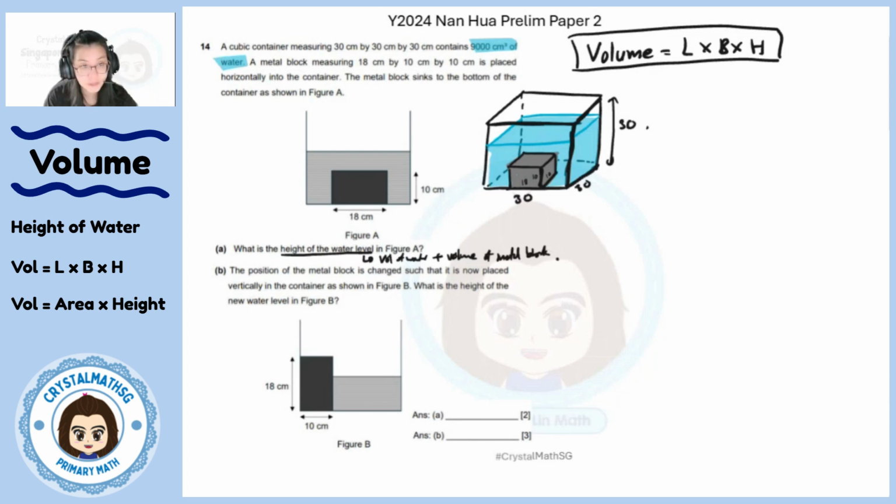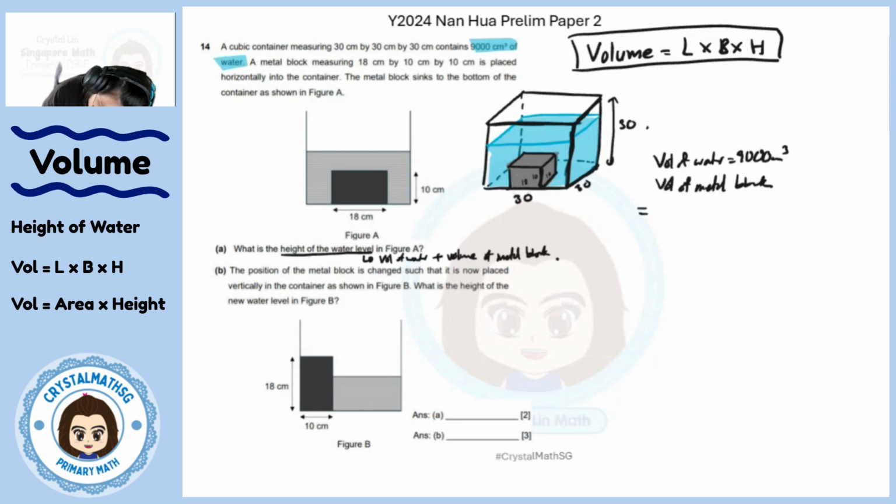Then we'll give you the height. The volume of water is given, we don't need to find it. They tell us it is 9,000 cm cube. We need to find the volume of the metal block, which is the length times the breadth times the height.